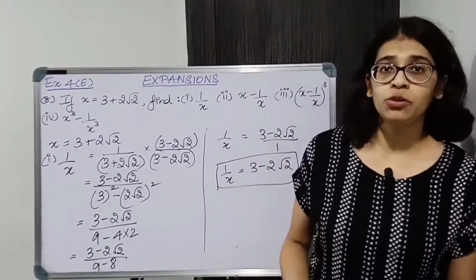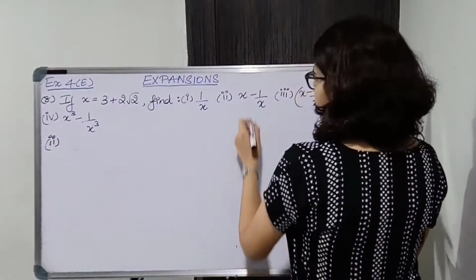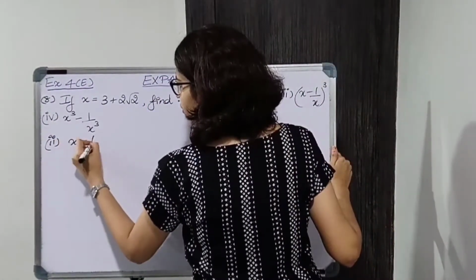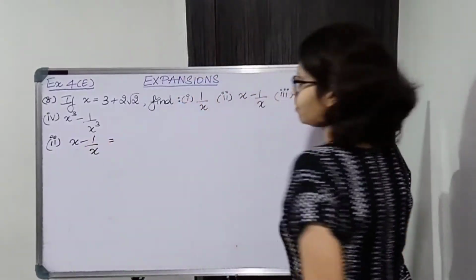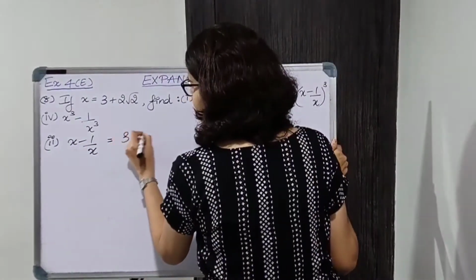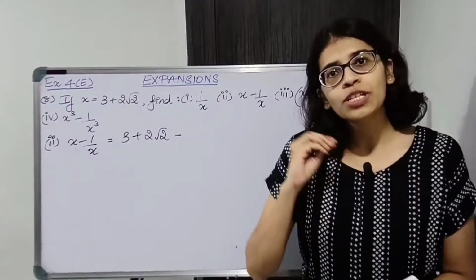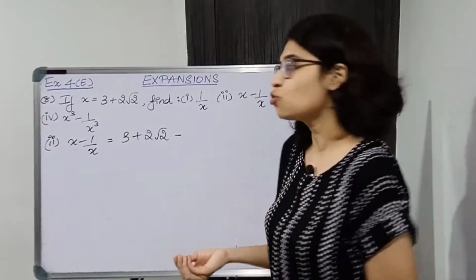Now let us proceed to the second part. In the second sub question we have x minus 1 upon x. We have to find the value of this. X is 3 plus 2 root 2 and 1 upon x, students, we just found the value, it is 3 minus 2 root 2.